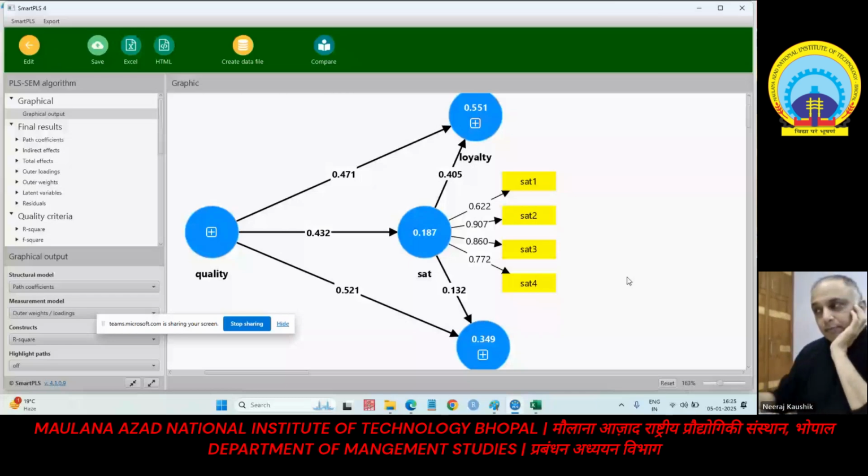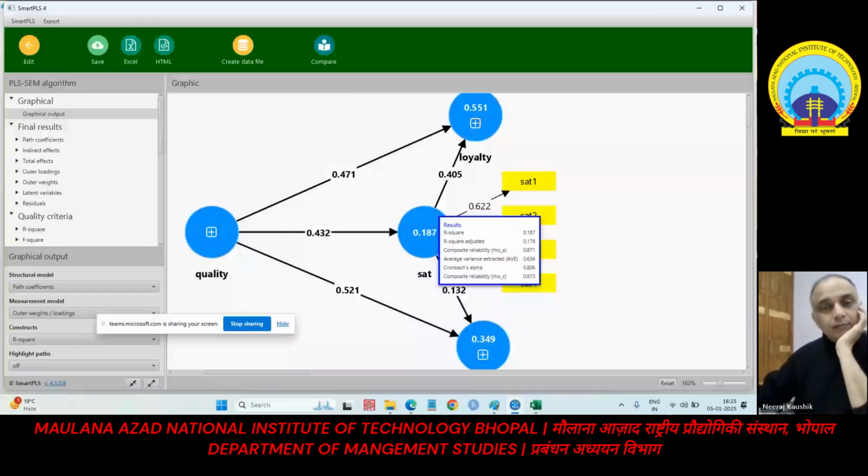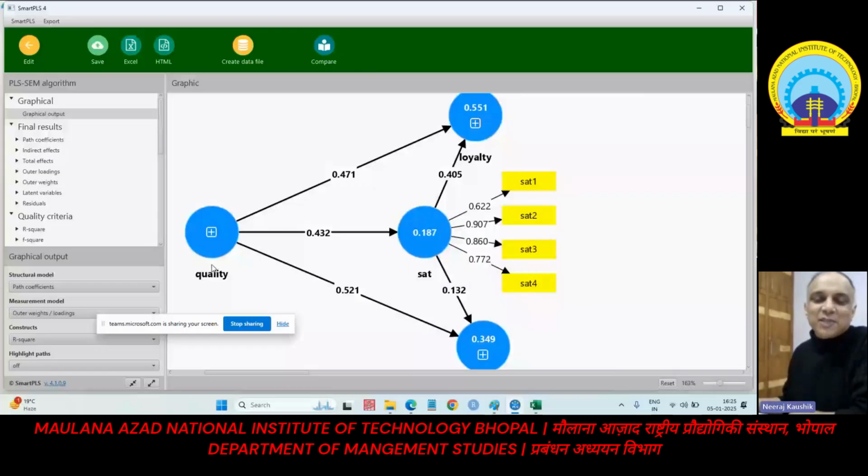Okay, sir. And how much parents love their kid, this is composite reliability. So in this particular case, Mr. Satisfaction loves satisfaction 2 kid the most, 0.907, followed by 0.86, followed by this, and doesn't like much the first kid, as the relation is only 0.62.